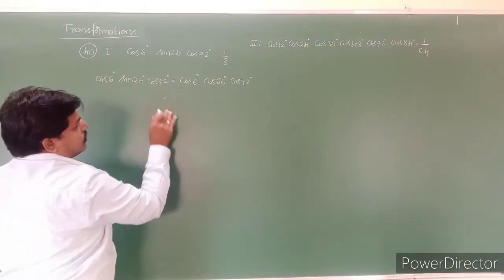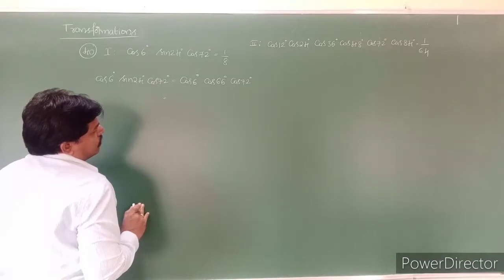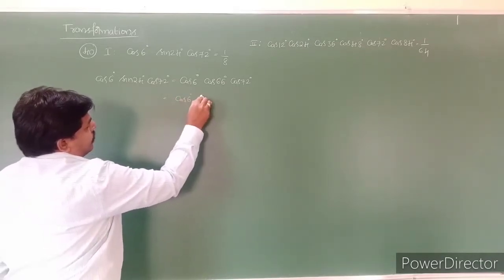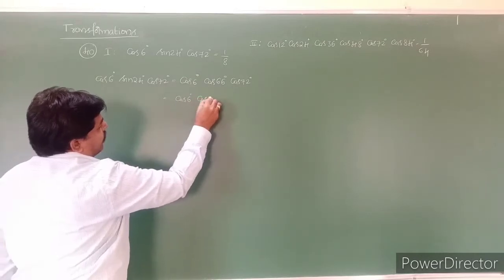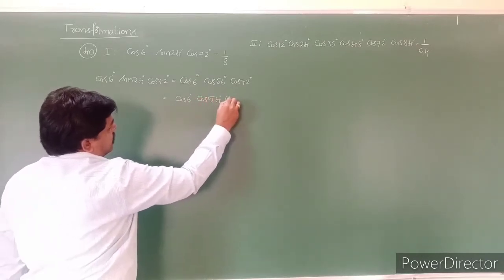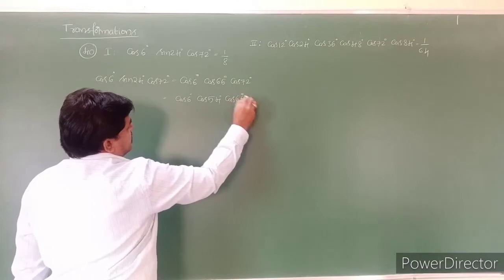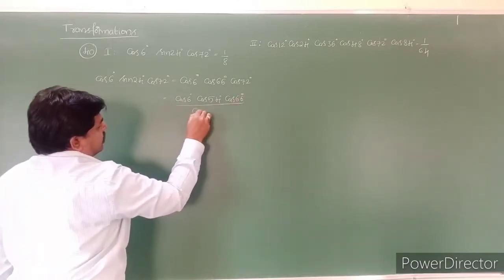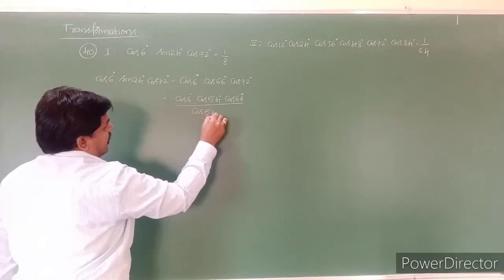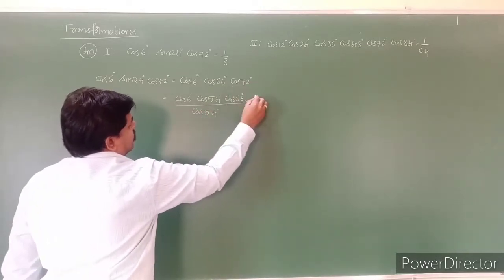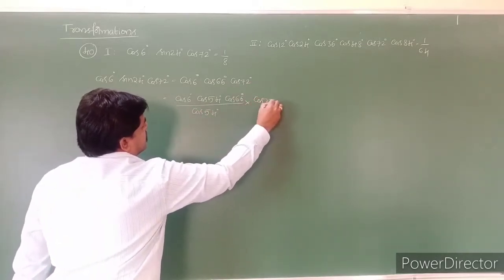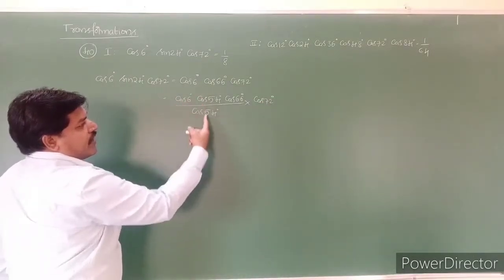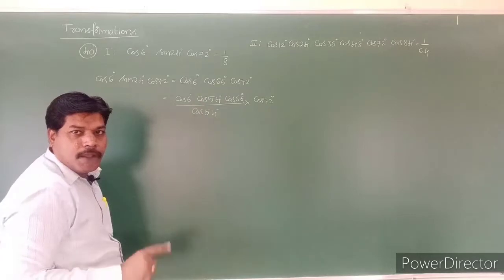So that is equal to cos 6 cos 54 degrees cos 66 degrees whole by cos 54 degrees into cos 72 degrees. What I did is I multiplied and divided with cos 54.